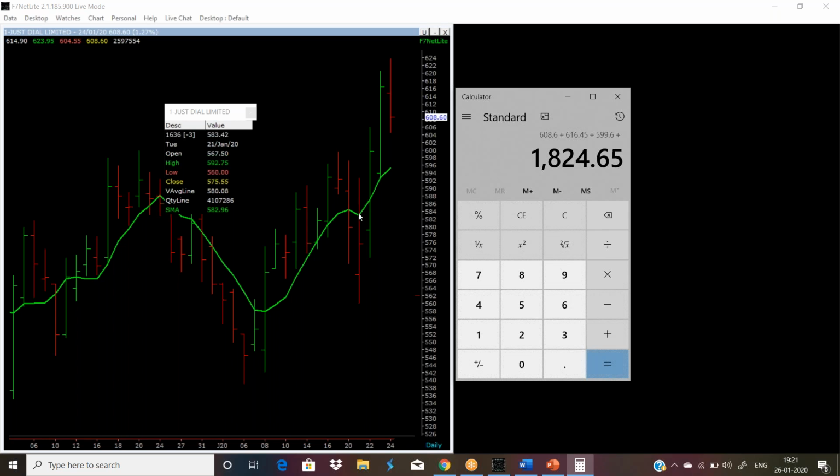Then this is the fourth close, 575.55, plus the previous close. 579.90 becomes the fifth: 1, 2, 3, 4, 5. Now again I have to take one more, the sixth, 592.30.